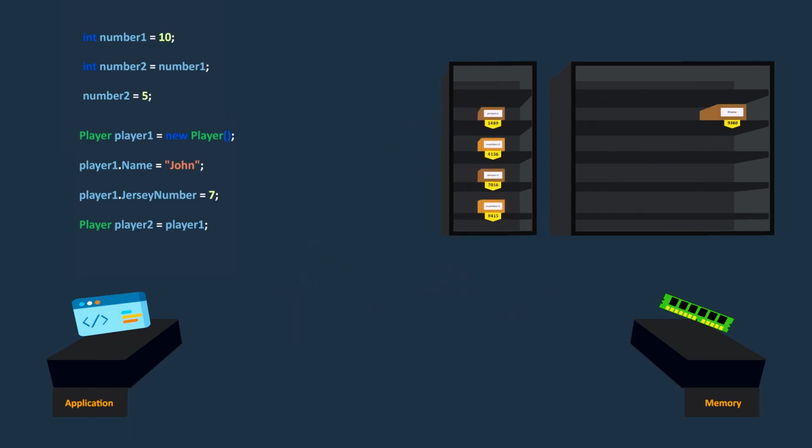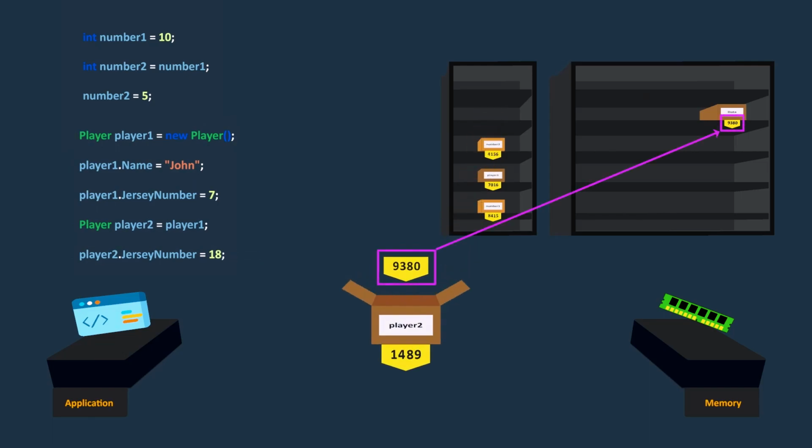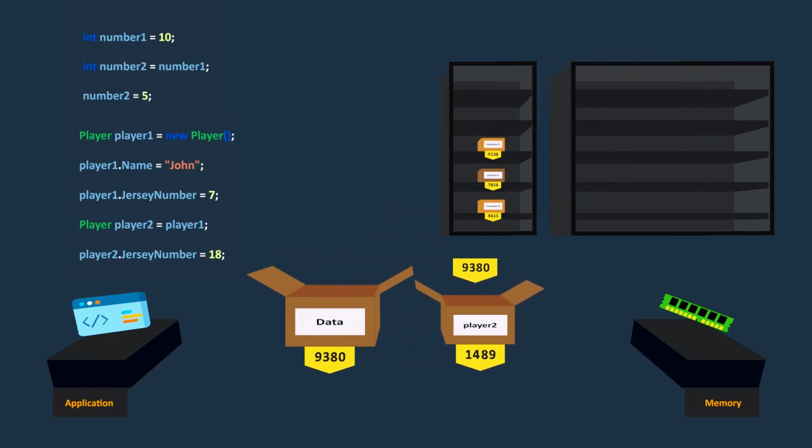For example, if we change the value of player2's jersey number to 18, it will affect the value of player1's jersey number because both variables refer to the same data in memory. So, the jersey number of both variables will be 18.